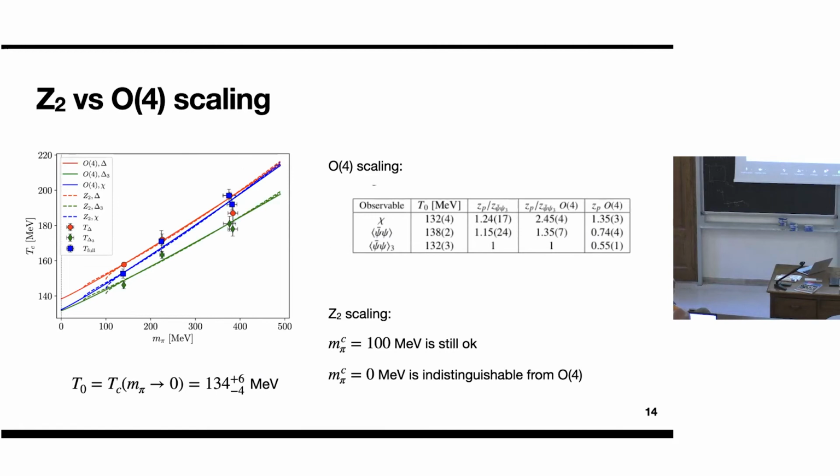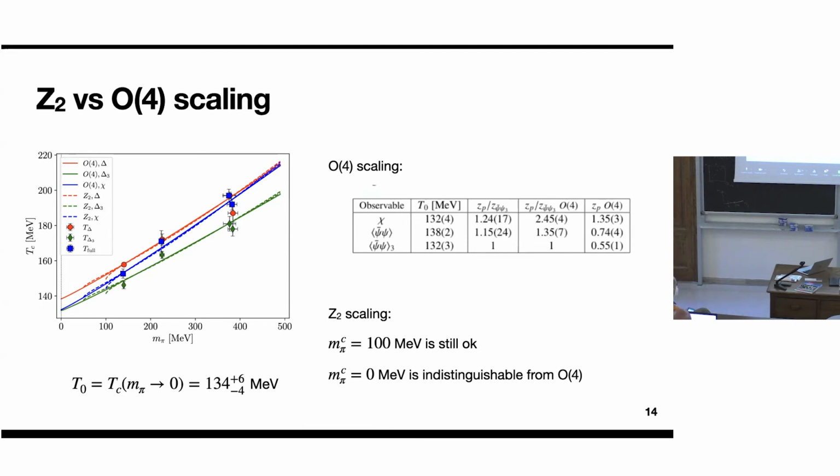An alternative scaling is based on the Z2 scenario, when there is a first order transition in the chiral limit, which persists up to some critical pi mass, and then turns into a crossover. I have to say that unfortunately, at the moment, the data cannot distinguish between these two scenarios. So if we fix by hand this critical pi mass to 100 MeV, then the data can be described with reasonable accuracy, so one cannot fully exclude this scenario.